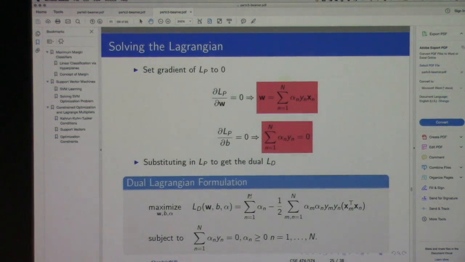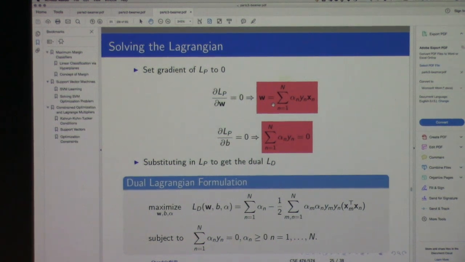All the alpha n's will be 0 if the point is not on the margin. The reason they are useful is that you only need those to compute your W, because alpha n will be 0 for others. So you only need to store those alpha n's and those points. Any questions about that? Okay.